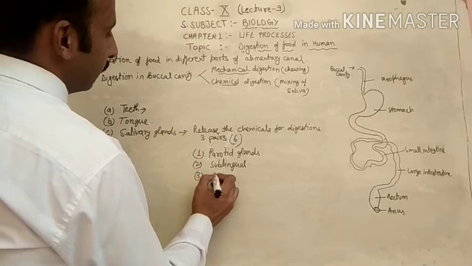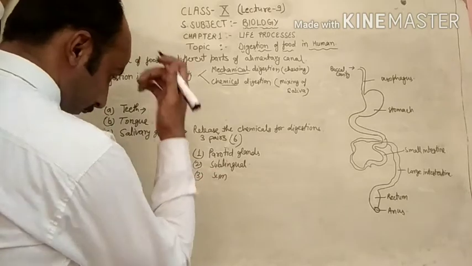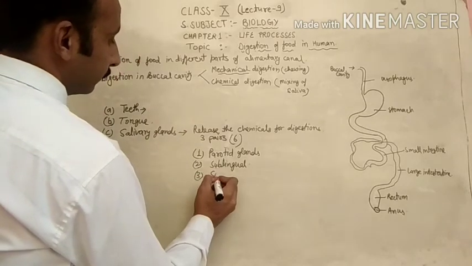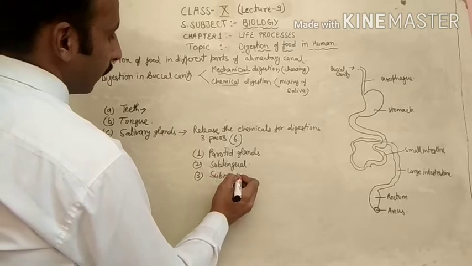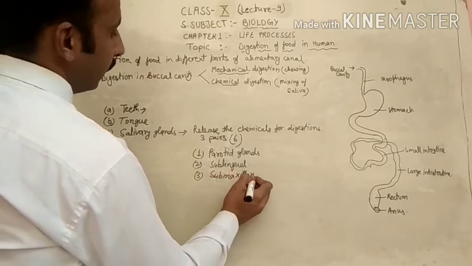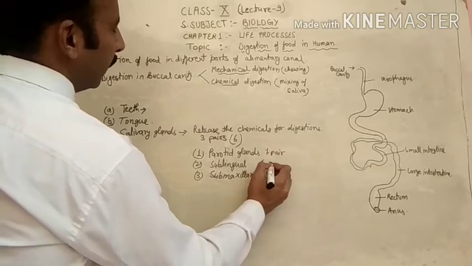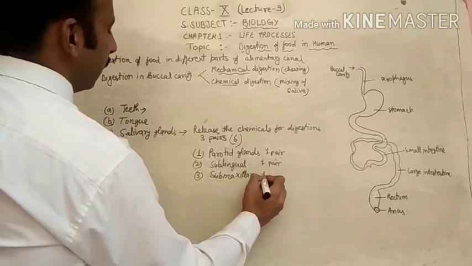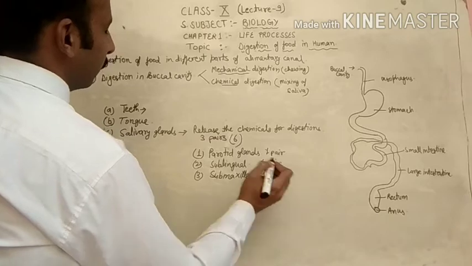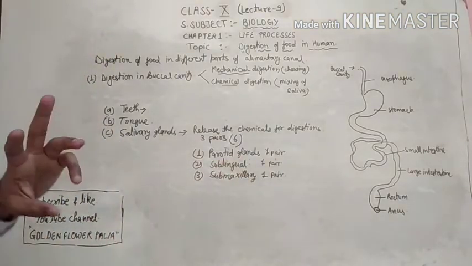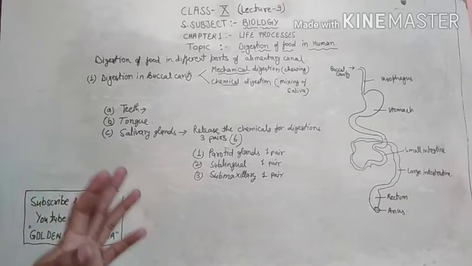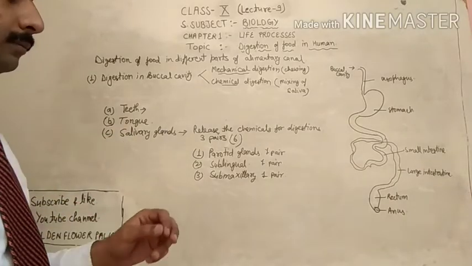Third one is the submaxillary. One pair, and one pair, and one pair. Okay. These 3 types of the glands are present in the human buccal cavity.